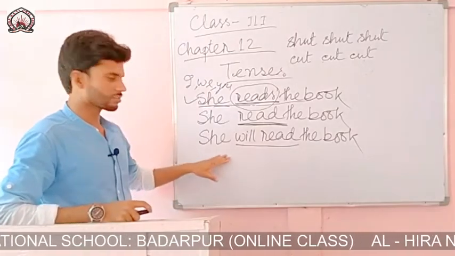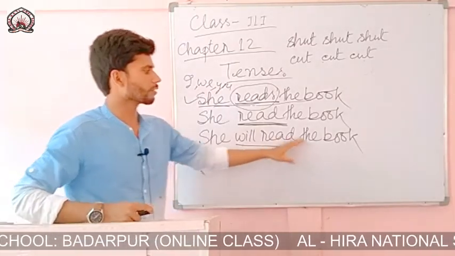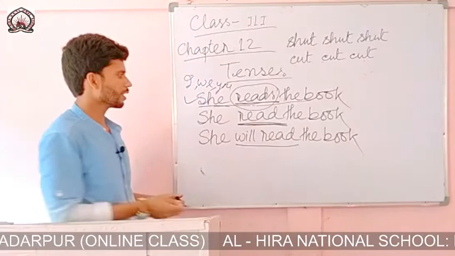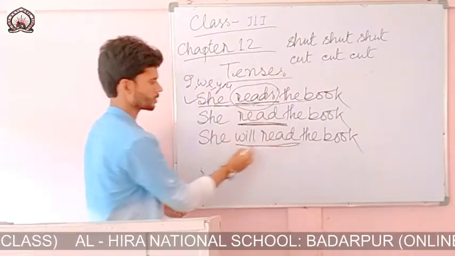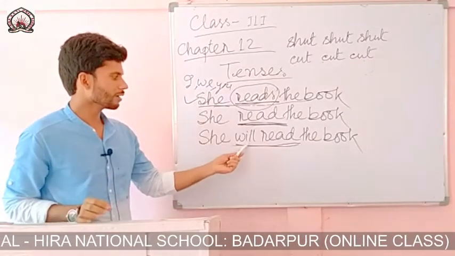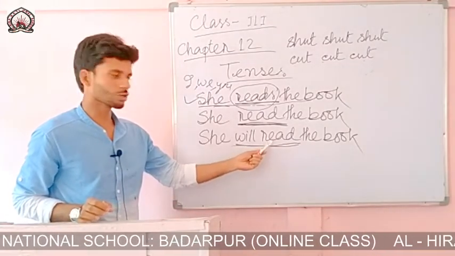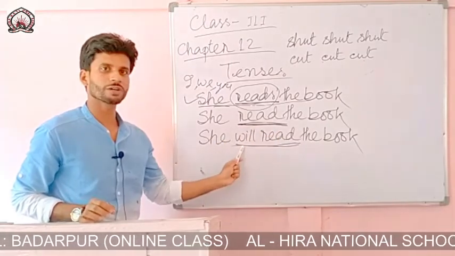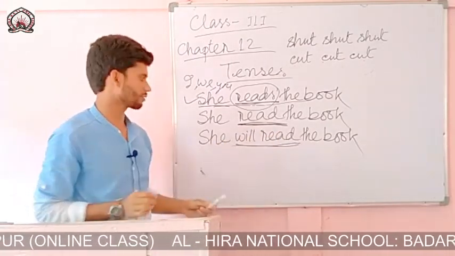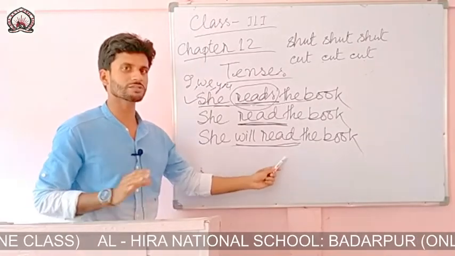See the last sentence, she will read the book. Here the first one was reads, the second one was read. Here, will read. I have added will to read, and now it has become a sentence of future tense. It is in simple future tense.